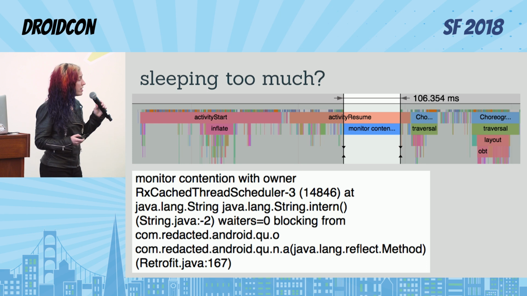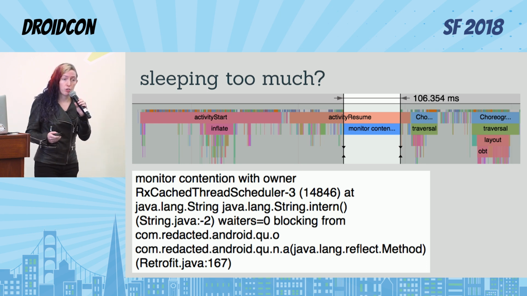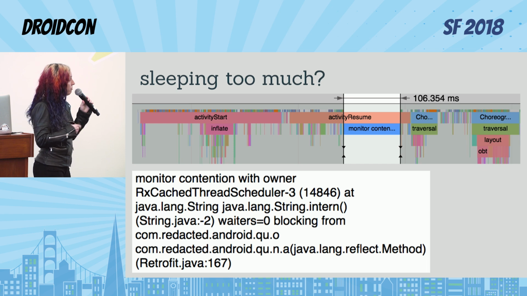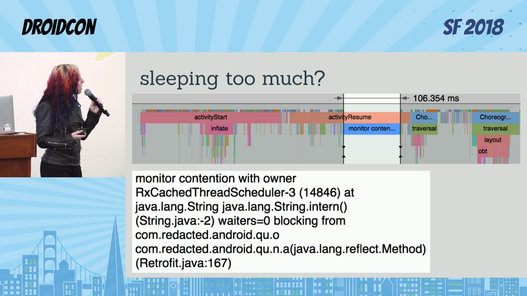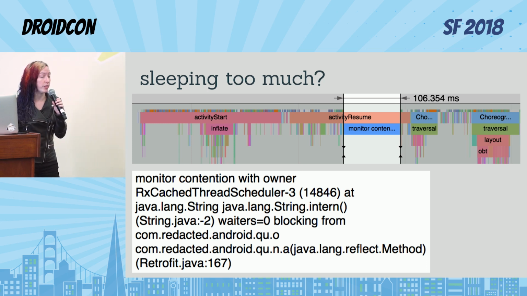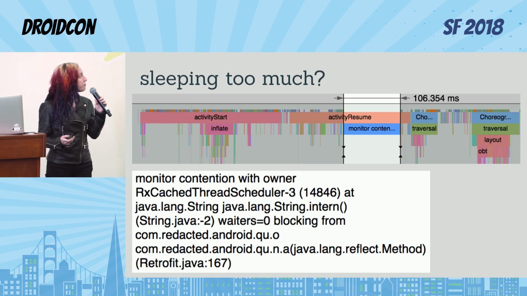So these are often transient errors, so you might not see a lock contention like this in every trace that you take of your app, but if it happens once, it can happen more, and so this would be a flag for the developer to take a look at how they're using these libraries, see if there's a way they could restructure their app setup to avoid the potential for this contention.